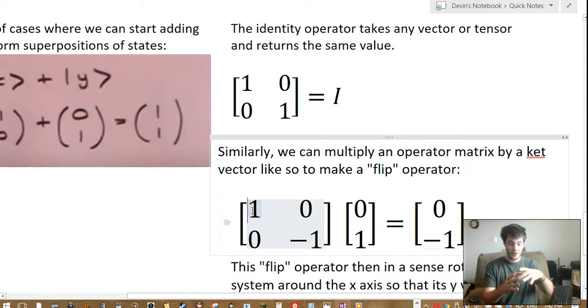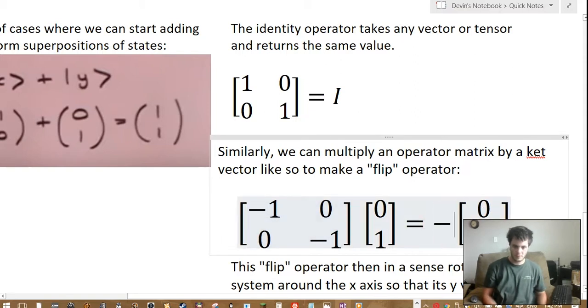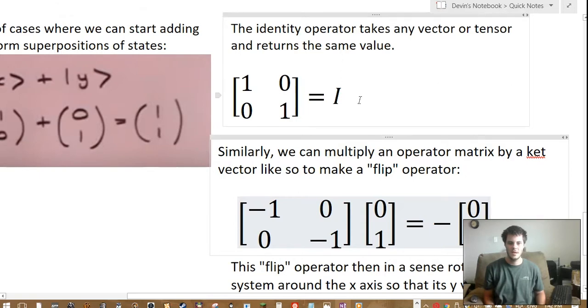All right. Then similarly, we can flip the whole thing over across the origin, and then it becomes negative 1, but still operates on this. So now it's more like negative, and then we take this negative out, and then it's just that.